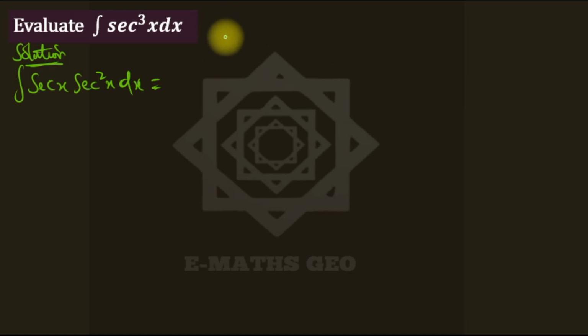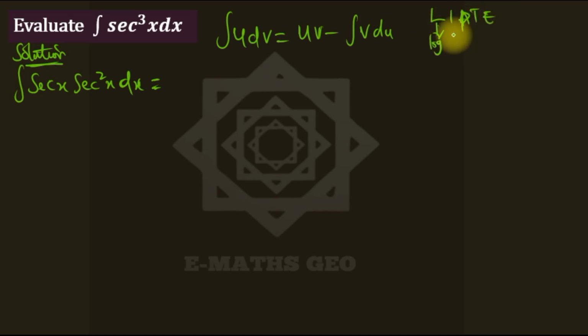I'm using the formula for integration by parts: the integral of u dv is equal to uv minus the integral of v du. And in choosing which one is u, you use the acronym LIPTE. L means log function, so if you see a log function first, that's our u, we assign it to u.